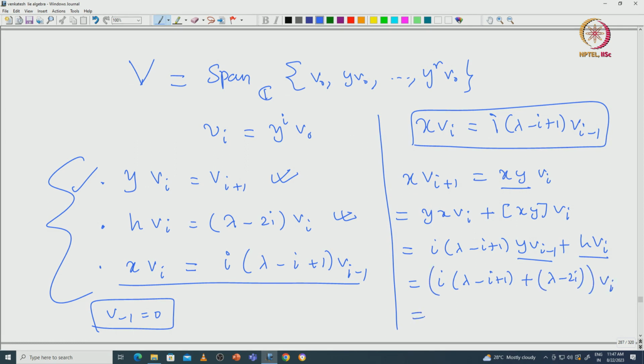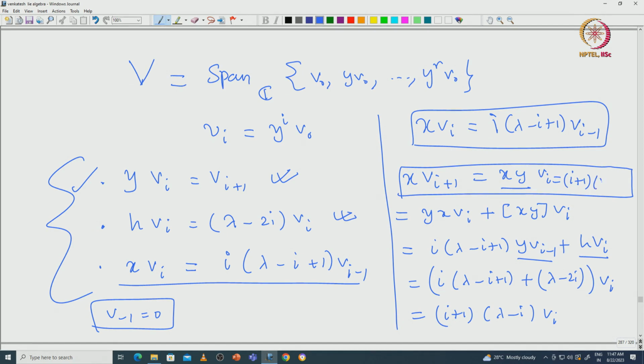Okay. Then if you just group it, you can see this is going to give I plus 1 times lambda minus I v I. So, that proves that x v I plus 1 is nothing but I plus 1 lambda minus I v I. Okay. So, this completes the proof of these identities. This proves V has to be equal to the span of v naught, y v naught, etc., y power r v naught.